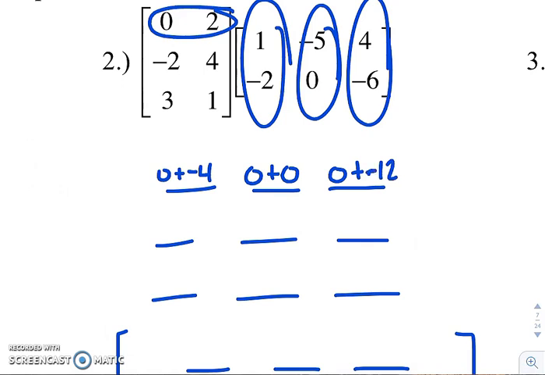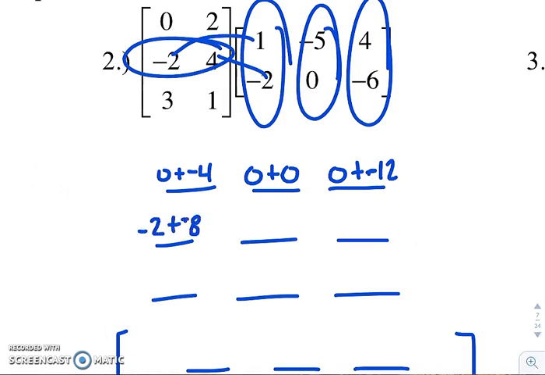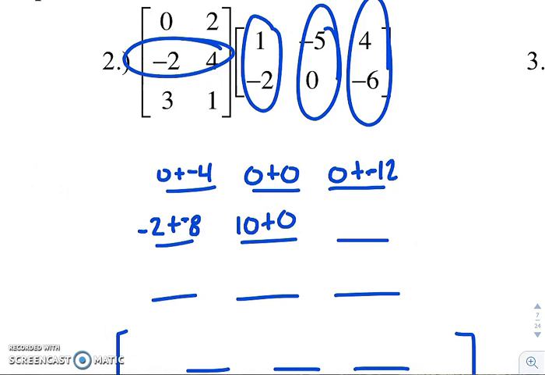And then the second row times all three columns, so negative 2 times 1, 4 times negative 2. So negative 2 plus negative 8. And then negative 2 times negative 5, so 10. Plus 4 times 0 is 0. And then the last column, negative 2 times 4 is negative 8. 4 times negative 6 is negative 24.